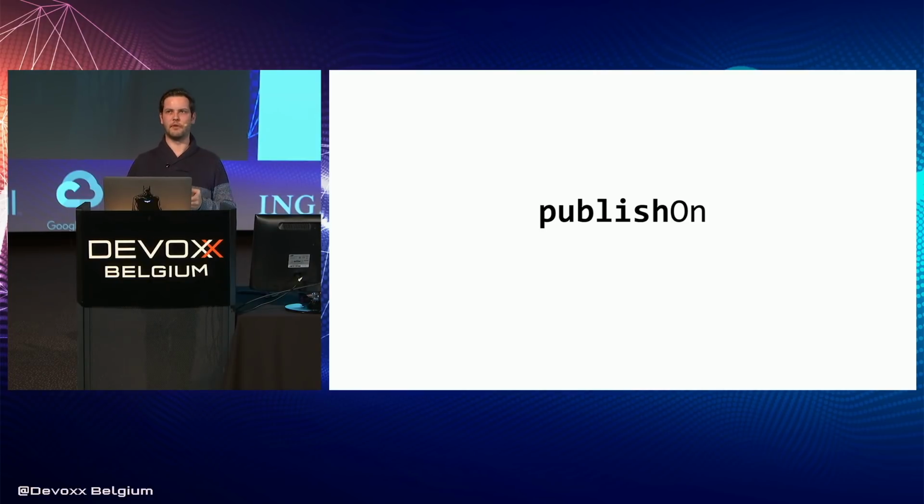In your sequence, very easily, you can say, okay, I will receive something, I will perform a first transformation, and then I will go to, let's say, the Swing thread to show an alert, because everything UI has to happen in a dedicated thread.